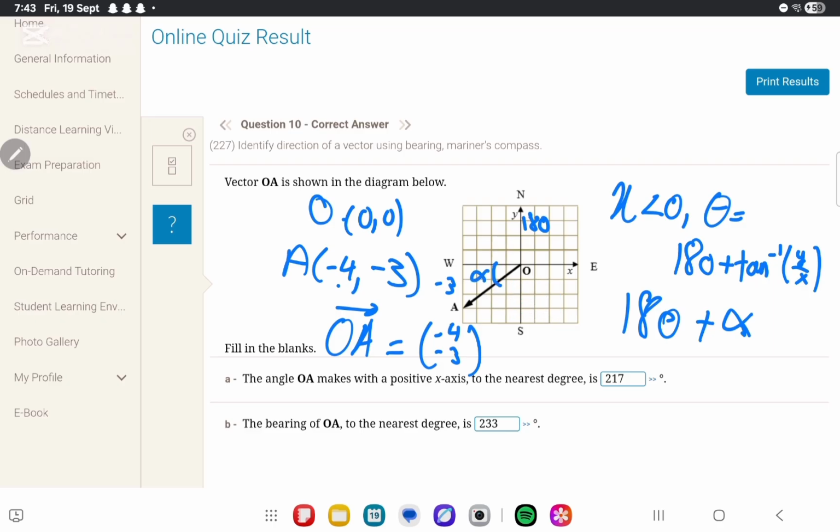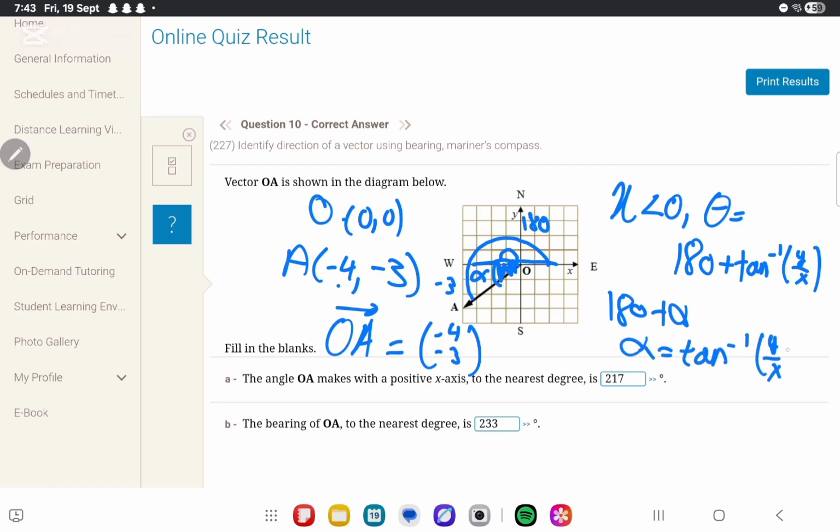So alpha's here, say you have angle alpha. But you're wondering, how did you get 180 plus tan inverse y over x? Remember, I split this entire angle into two parts. This part's 180, this part's alpha. So it's 180 plus alpha, and alpha is equal to tan inverse of y over x. Now you understand how I got this formula, which makes it more applicable in the exam.